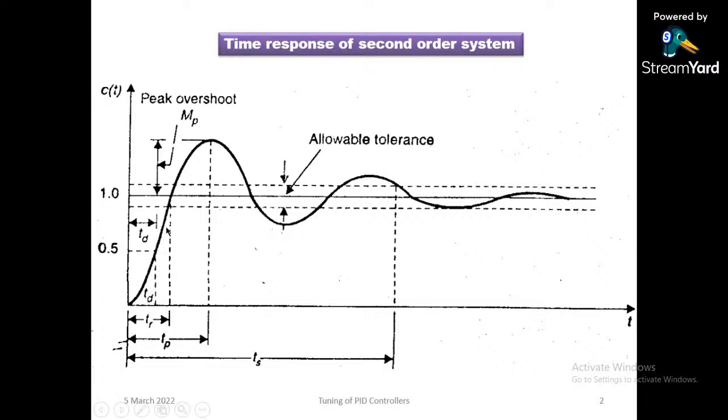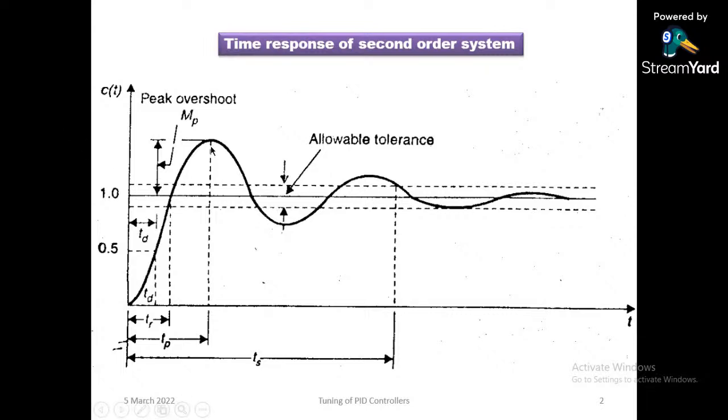It is rising and reaches its maximum value, and then it falls down, goes to negative maximum, and then again, these are nothing but the oscillations. And once the transient response vanishes, the steady state response will get started.